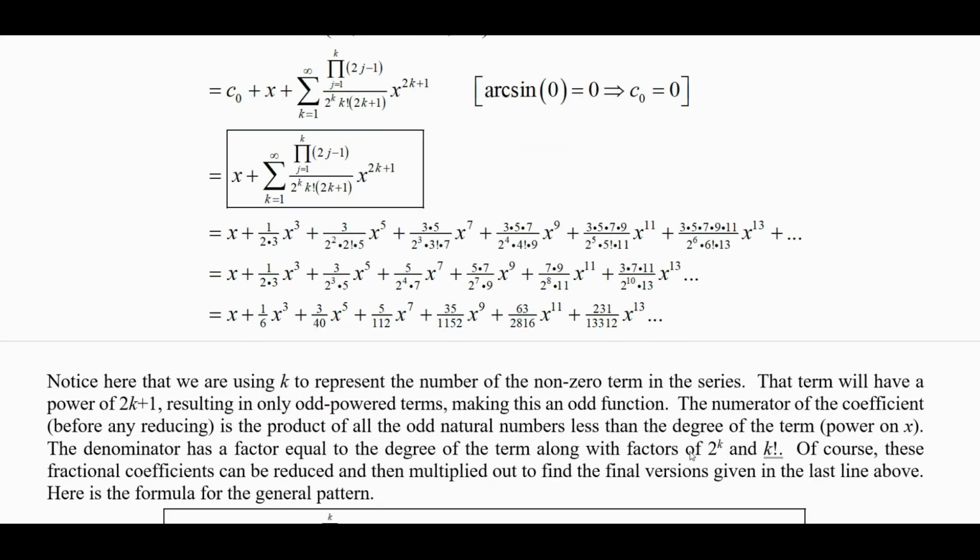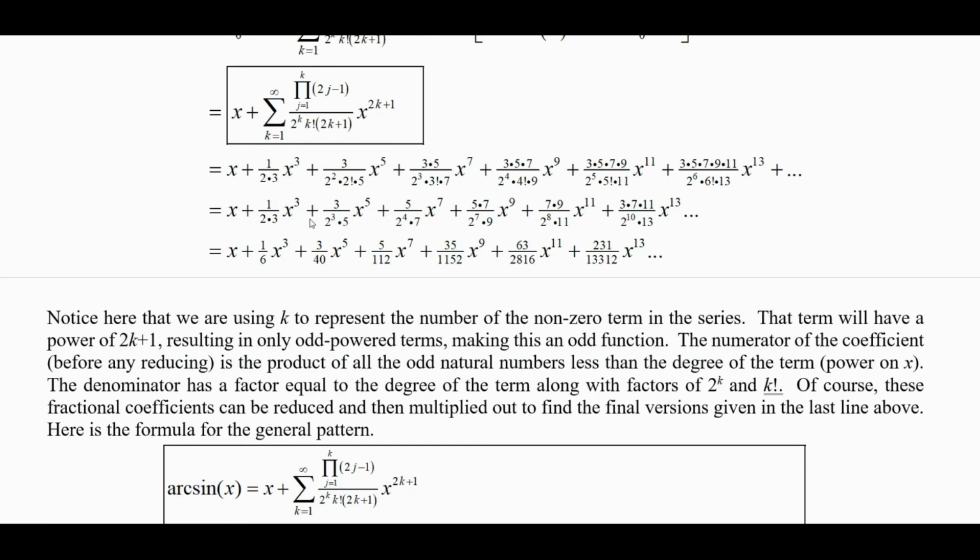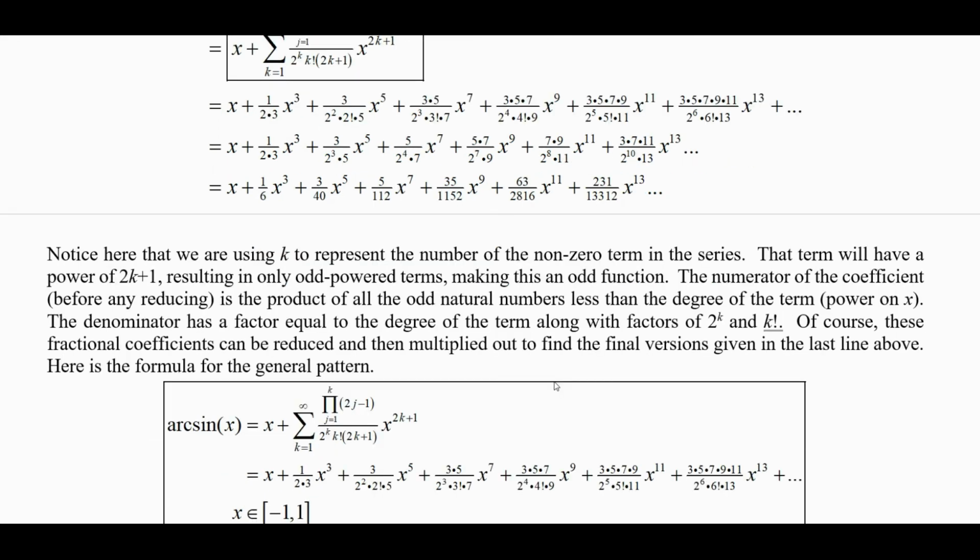So we're using k to represent the number of non-zero terms in the series. So this is 1, 2, 3, 4, 5, and so forth for k. Actually, k starts with the second one. So k is 0, then 1, 2, 3. Okay.